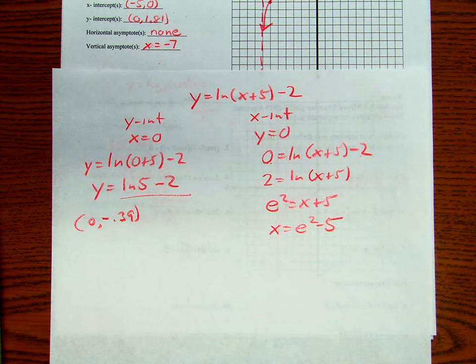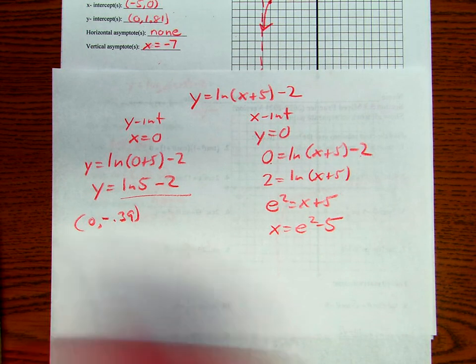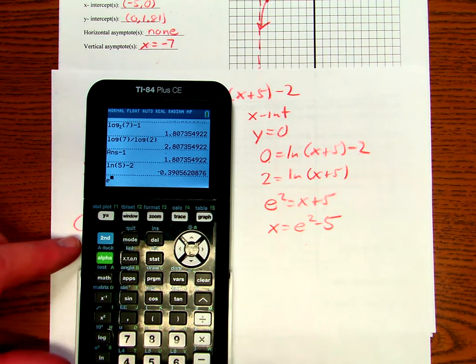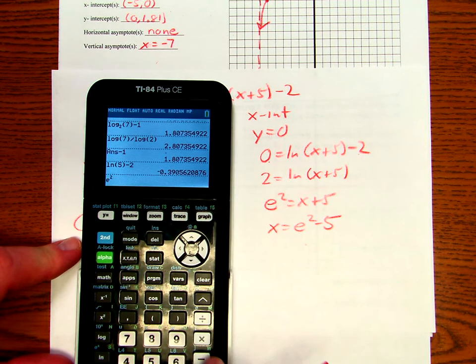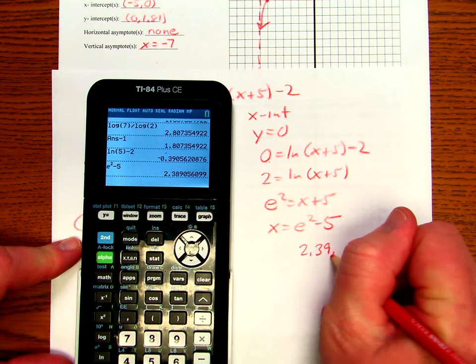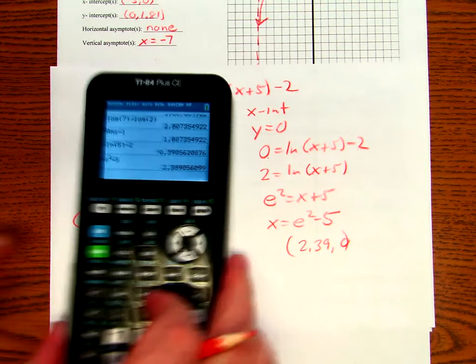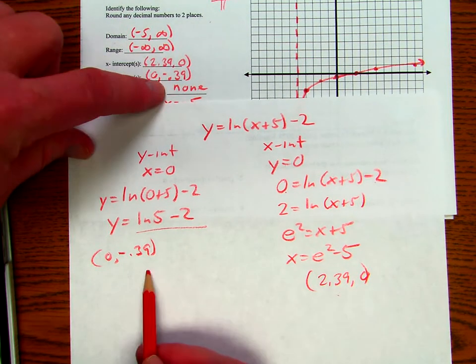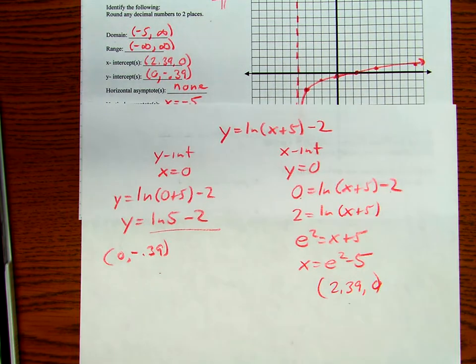So it's possible that you could be asked for what is the exact x-intercept for the graph, in which case you'd leave your answer like that. As a decimal approximation, hopefully it matches the one we got before. 2.39. Let's double check that with what we got. 2.39, negative 0.39, same answer either way.